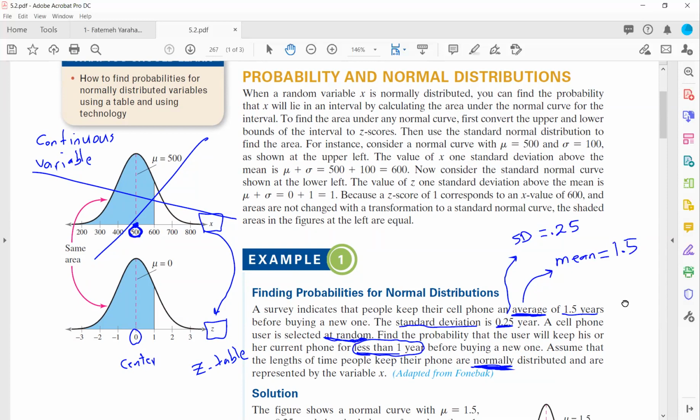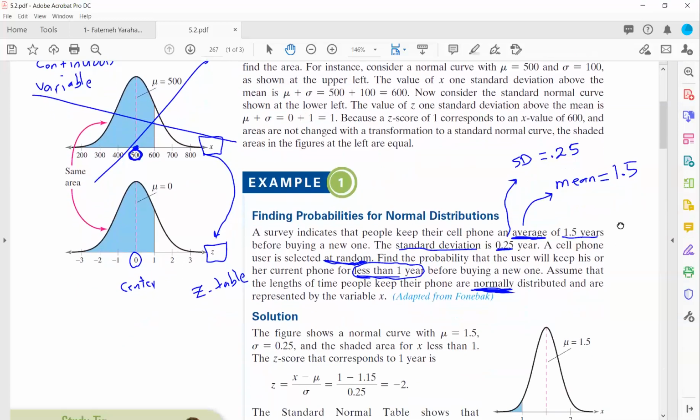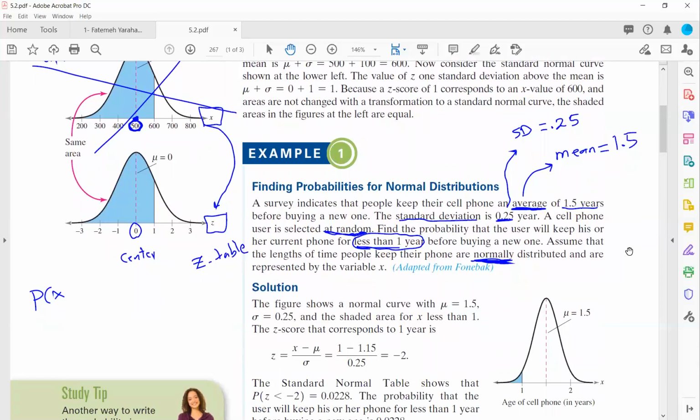First of all, you have to assign a variable like X. You're looking for the probability that X is less than 1 year. This is our goal, to find the probability, or to find the area below the graph.